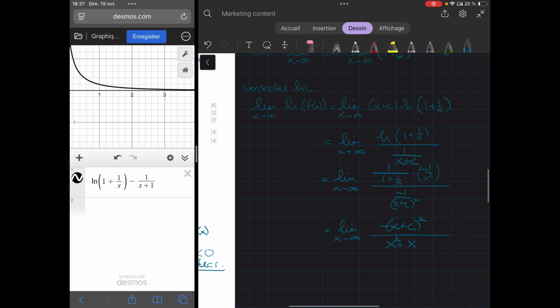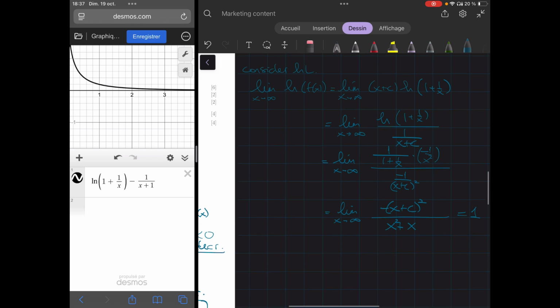The leading coefficients of the quadratics are both 1, so this limit has to be equal to 1. Or you can also do L'Hopital 2 more times. Since the limit of ln of f is equal to 1, the limit of f is equal to e to the 1, or e, as requested.